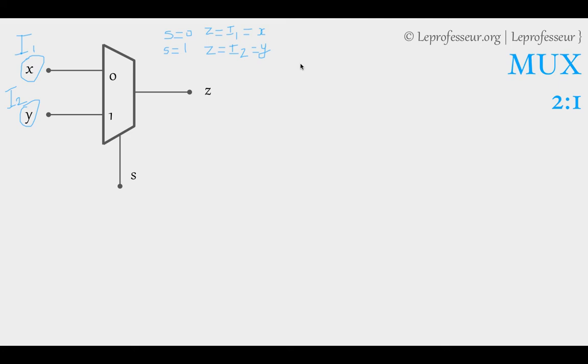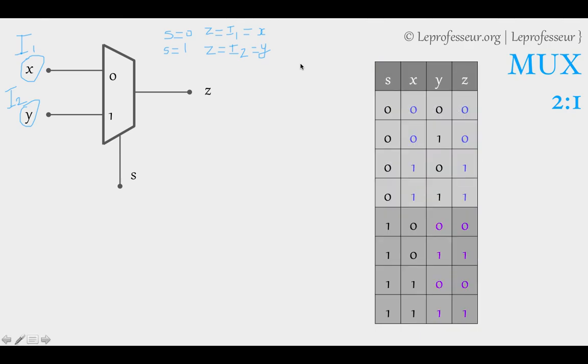Great. If we write the excitation table for this multiplexer, S is the select input, 0 or 1. When S is 0, whatever is coming on the X line, or input 1, will go to the output.